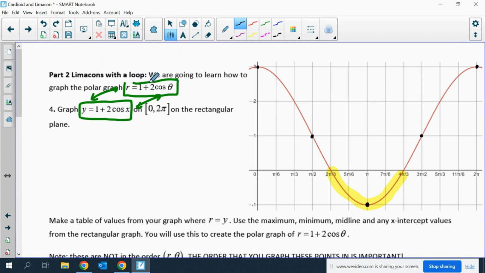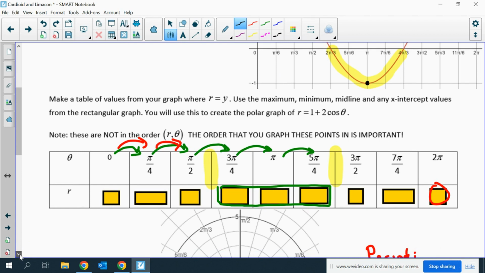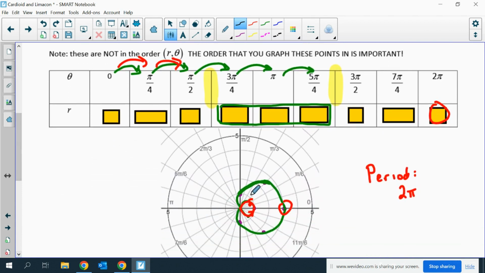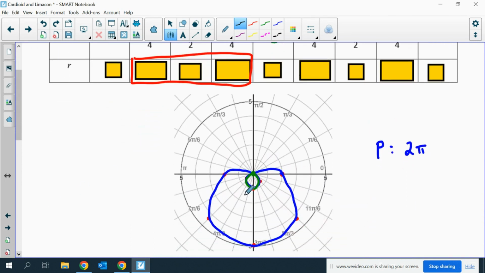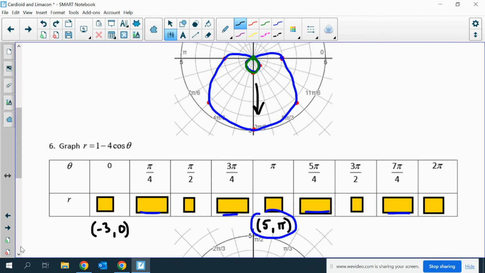Negative sine probably opens down. Now I have limacones. I have this plus 2 cosine. Notice that it opens to the right. Minus 3 sine, the big part opens down.